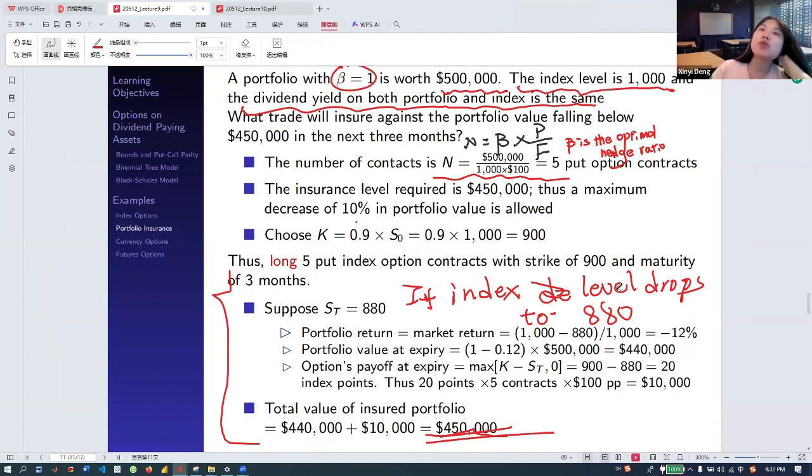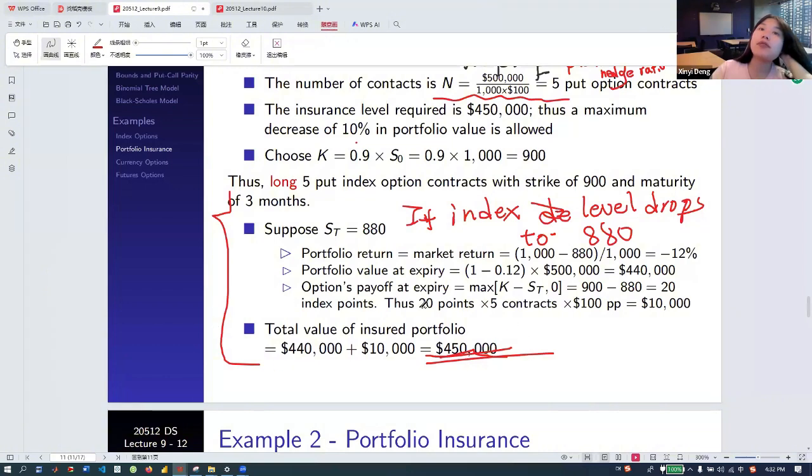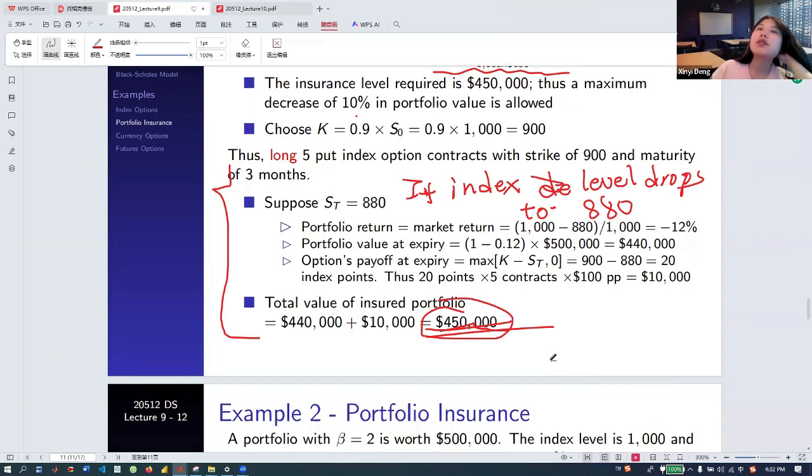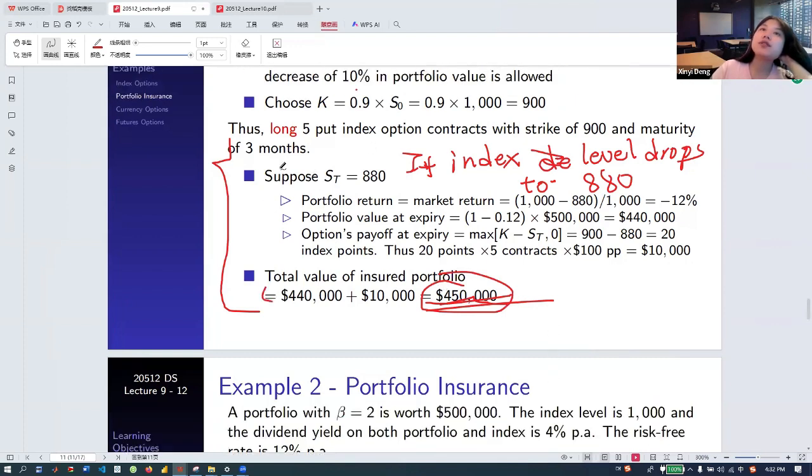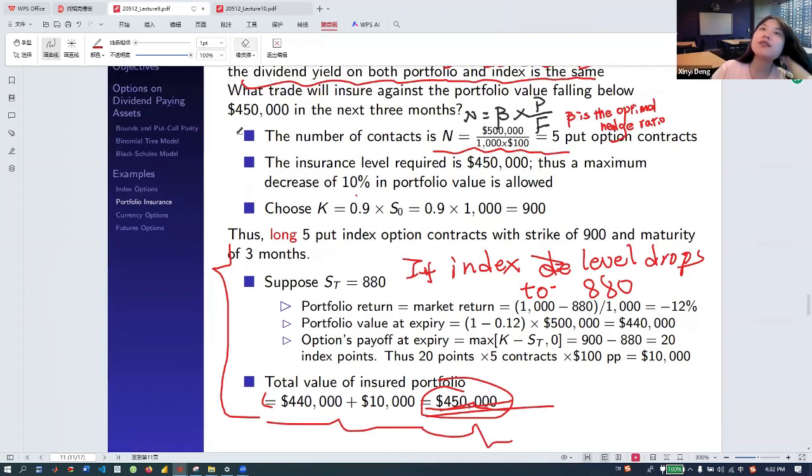So no matter if it drops to 880, 700, 600, 500, or 100, you're still able to lock in the value of the insured portfolio to be this exact amount. So it's just showing a specific example that this hedging strategy is able to lock in the portfolio value as we desire.